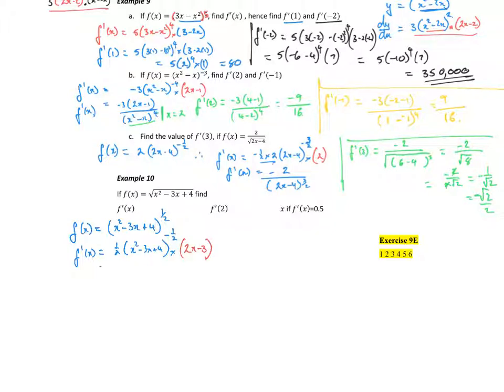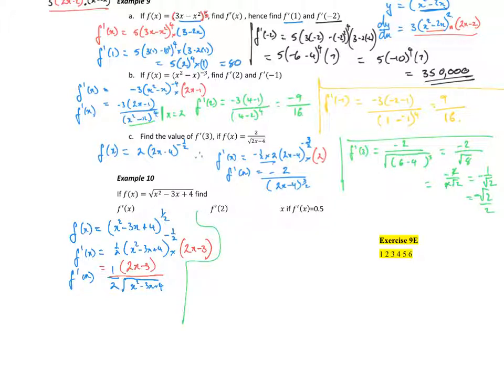So simplify that as a fraction. We'll keep the 2x minus 3 on top. We've got a half out the front, so let's put that as a 2 there. So if you like, that's the same as having my 1/2. And then I'm going to put the square root of x squared minus 3x plus 4. And the only reason I'm doing that is because I'm now going to substitute some values in. And it normally is a bit easier to evaluate.